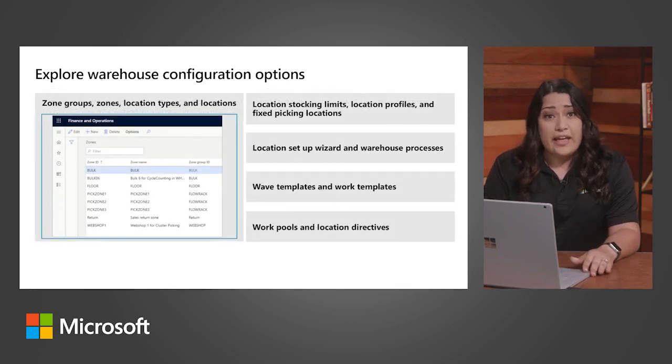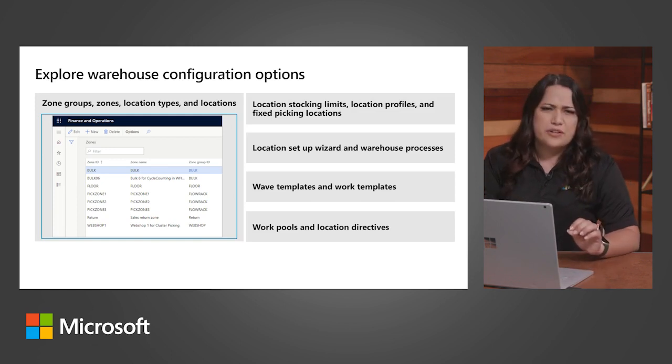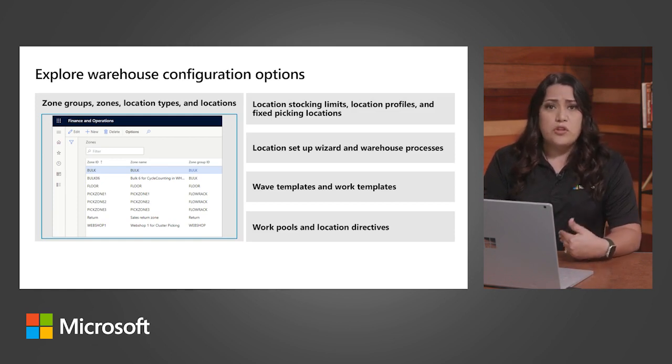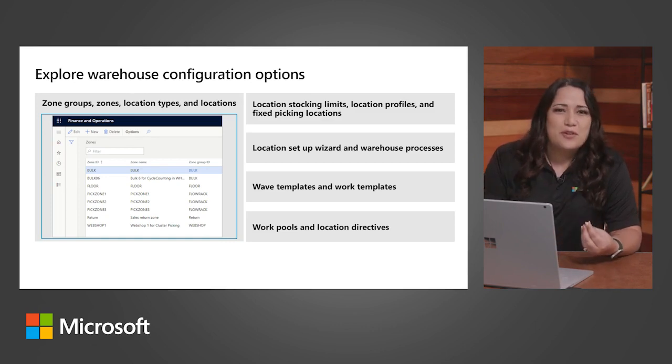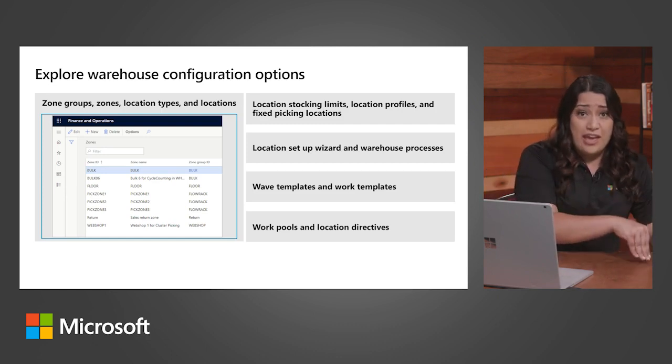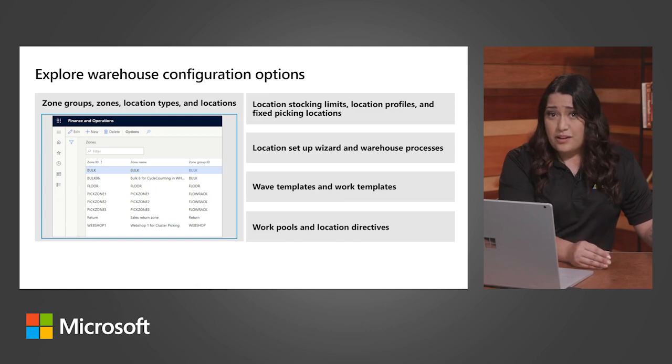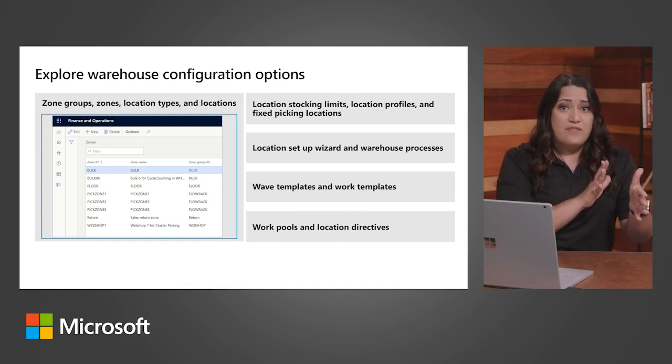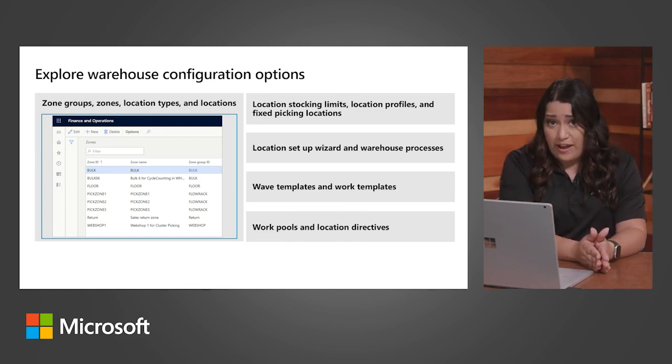And so when we look at how you can configure your own warehouse, you're going to have to enable a few different things. First, you'll need to set up a zone group. This is basically a grouping of zones, think of physical locations inside of the warehouse. And each of those locations, we call them zones. So then what you have is location profiles.